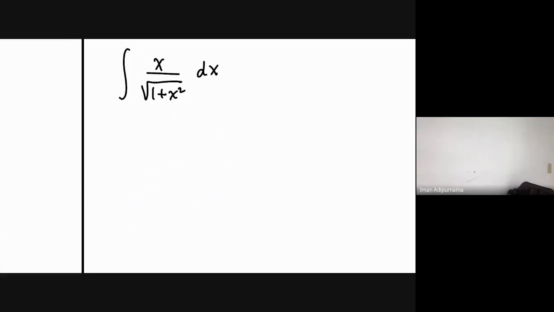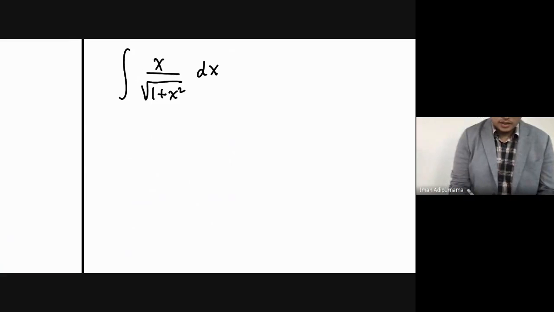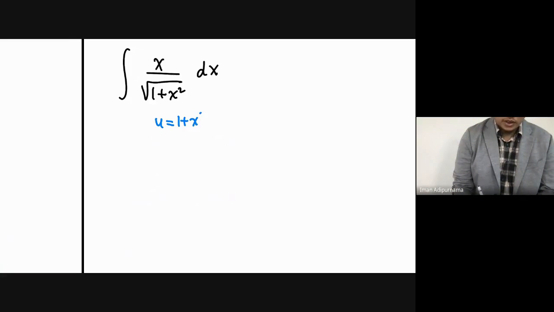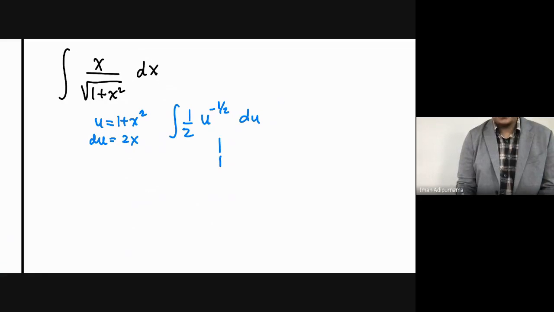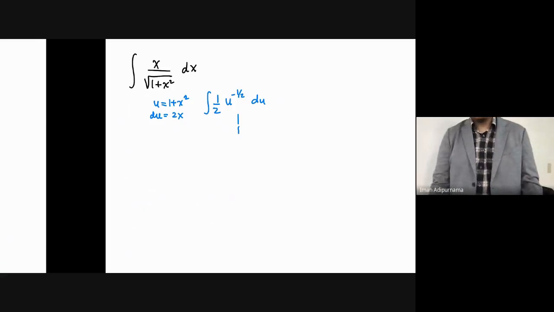You have x squared, you have x. Maybe you can choose u as 1 plus x squared, right? It's much easier. u is 1 plus x squared, and du will be 2x dx. And you will be having this square root, and you can solve this with the same method for integration.